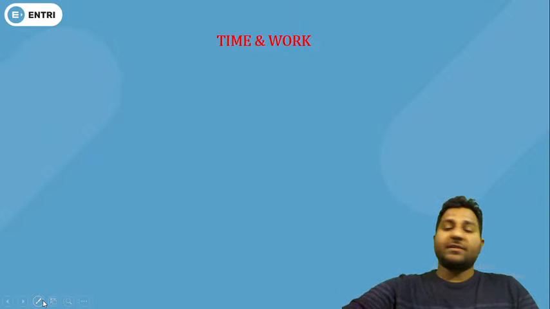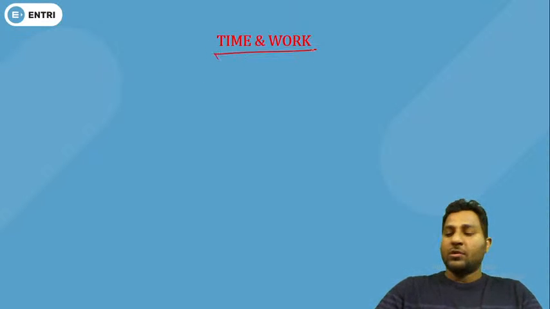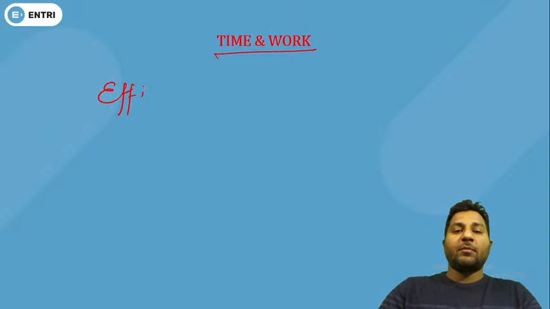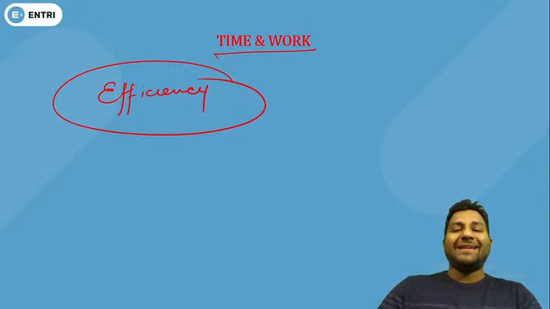Look, today's topic is, let me elaborate this topic a bit so you can have an idea as well. Time and work. And the third term is a very common term named efficiency. Let's say that you are typing 20 lines in 10 minutes.